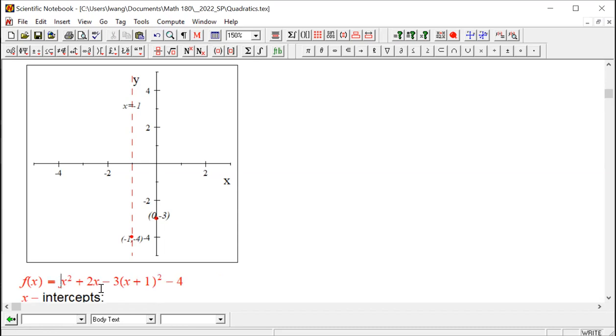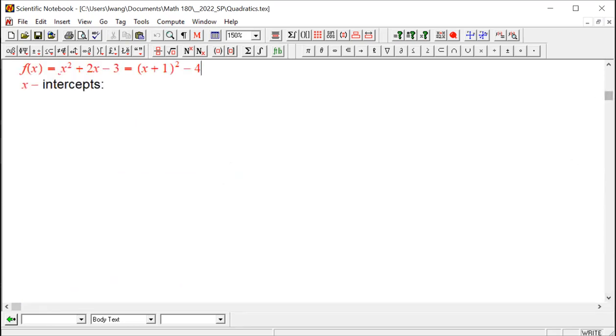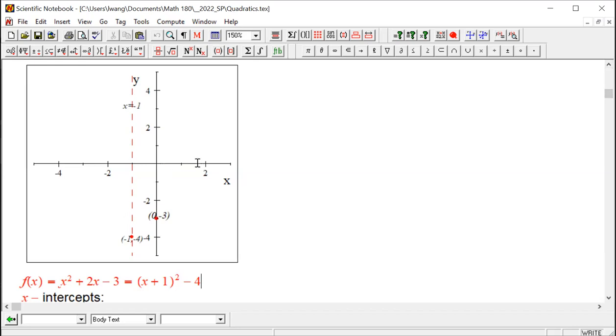Right here, this basically tells us the left is the same as the right. They're the same thing, just a different look. So the intention of finding the x-intercept is to see where the curve crosses the x-axis.